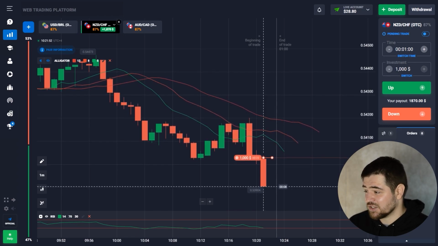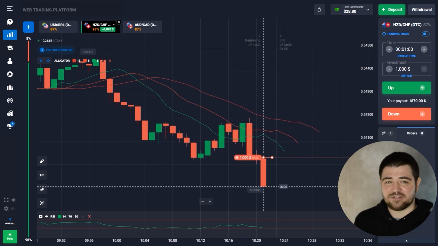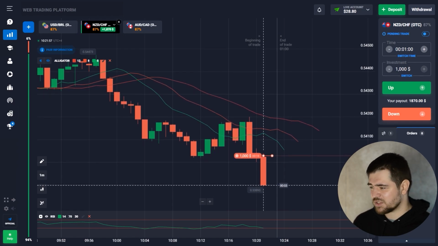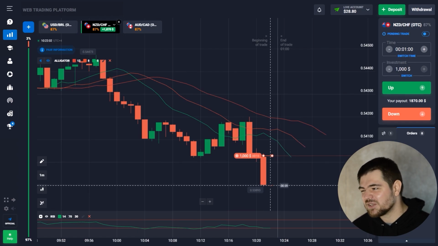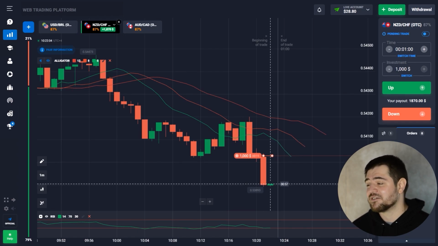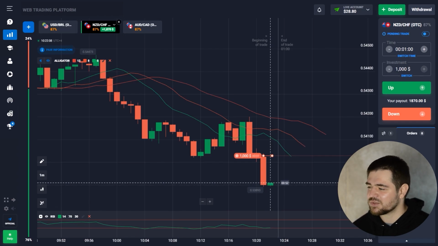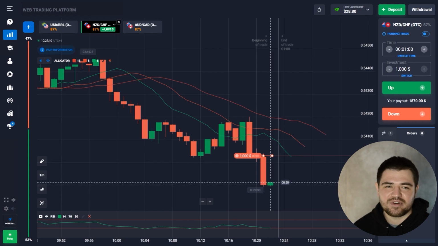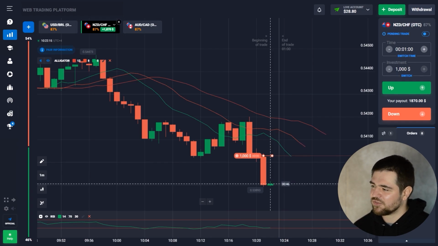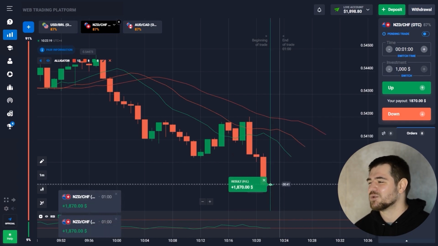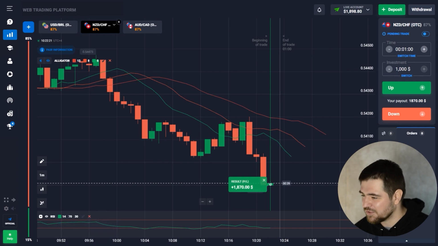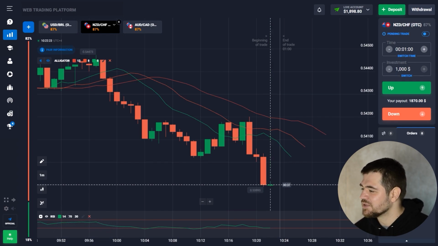I think we have enough time to still play around, but it could also have a pullback, a bounce off, because we're touching on the levels. So it's never 100%. You can get so far with the percentage, but in this case it worked out. Beautiful, guys.